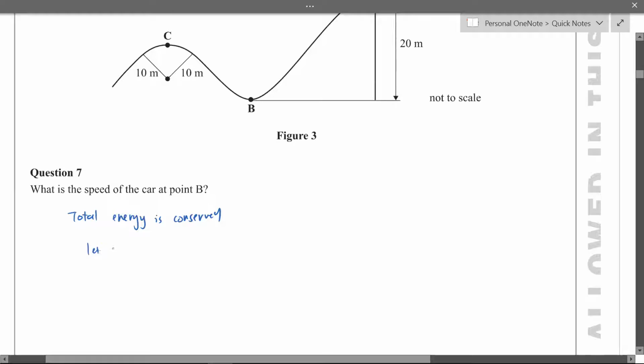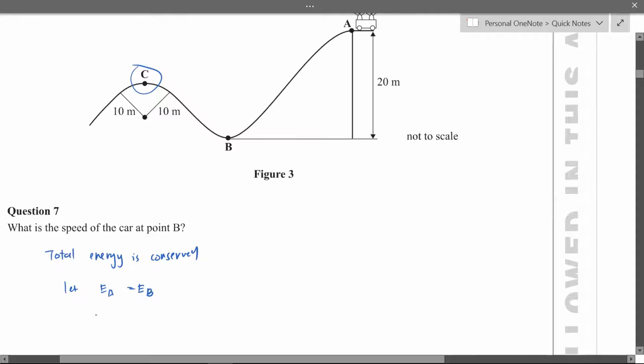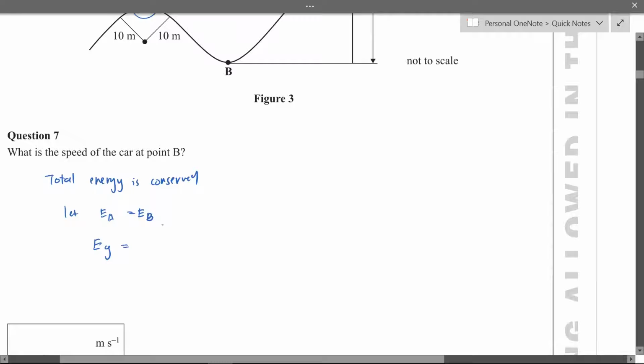So let E at A equal E at B. Those would be the easier points to use because we don't really know much about C. At A, the only energy is gravitational, and at B, it's kinetic because it's at the floor, so the gravitational is 0, and there's no spring force. So mgh equals half mv squared. The m's will cancel, and it's asking for speed, so v is square root 2gh, and if you sub in your values, v is just 20.